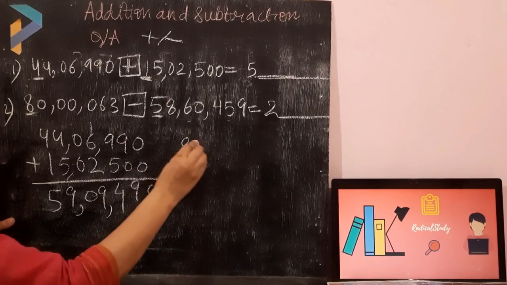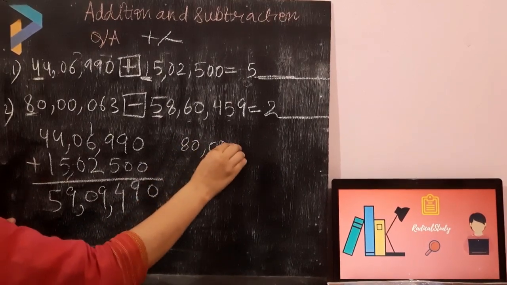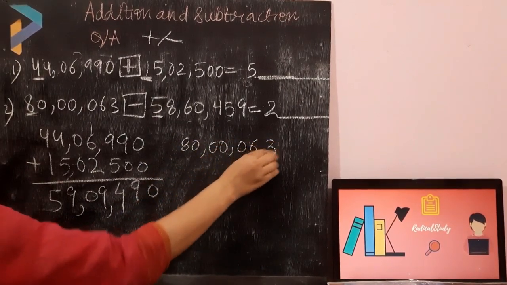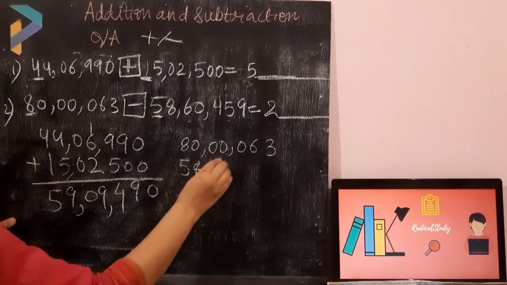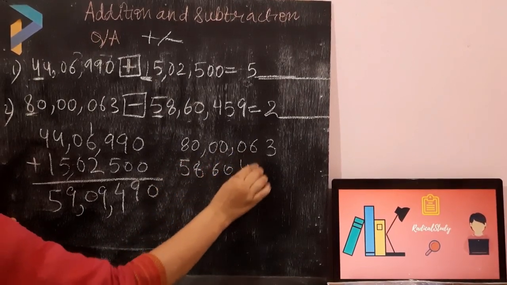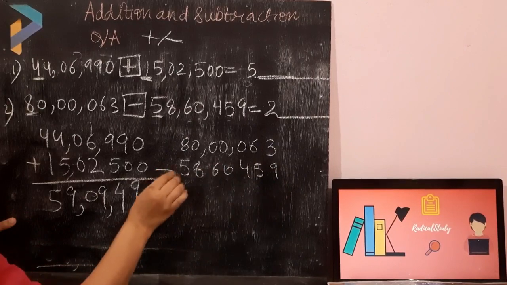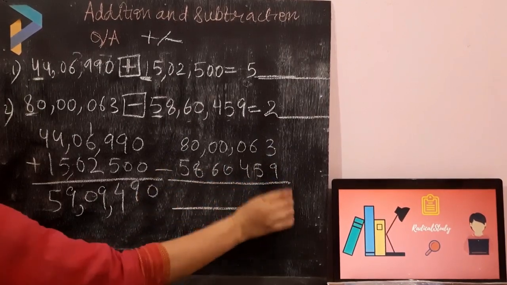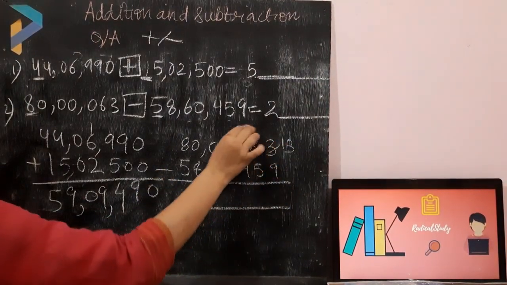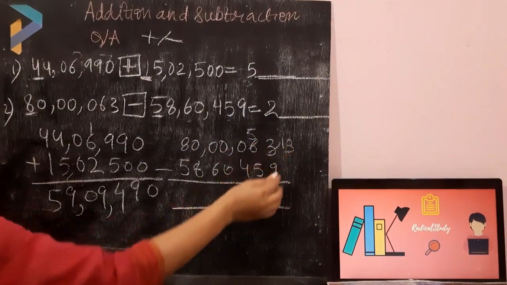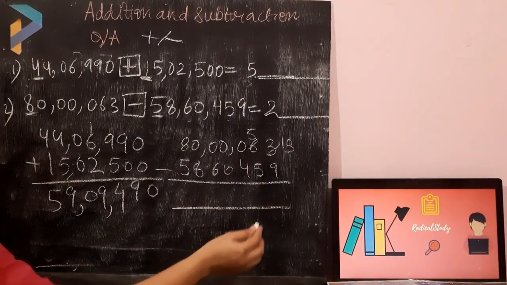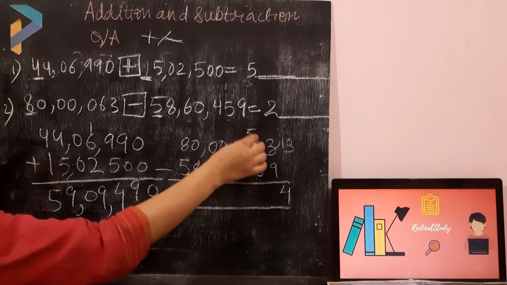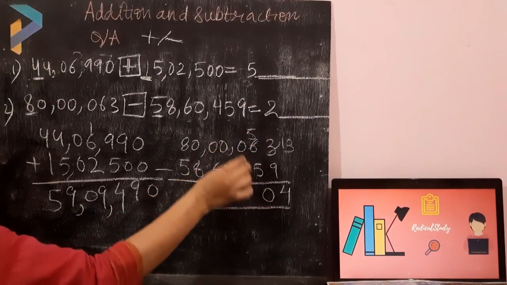So I am going to subtract it for you. Can we subtract 3 from 9? No, we have to take carry. It will become 13. So 13 minus 9 is 4. 5 minus 5 is 0. 0 minus 4 is not possible.